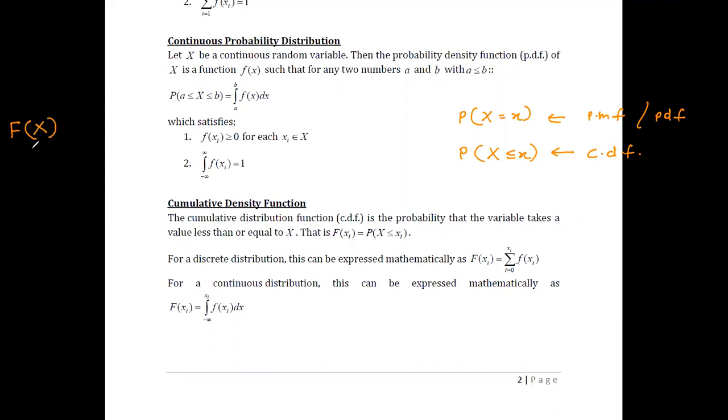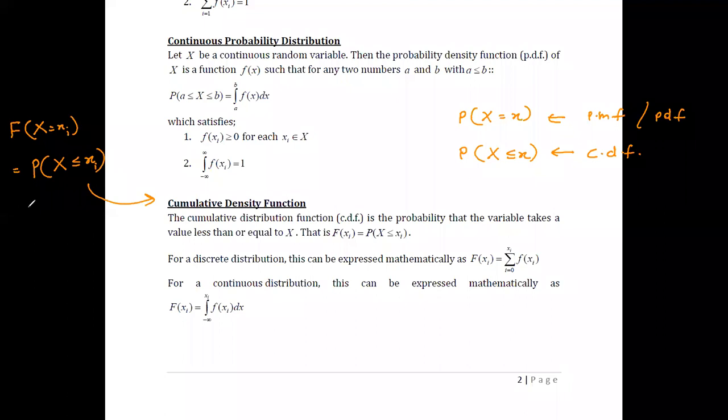Here, F(xi) indicates the probability that X is less than or equal to xi. This is what we call the cumulative density function.